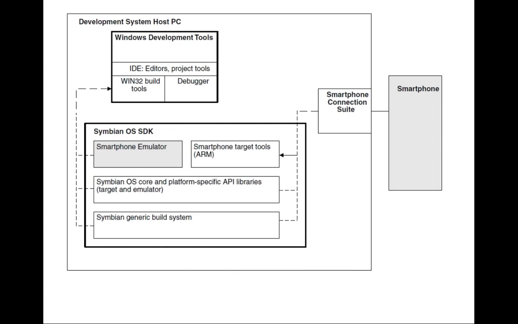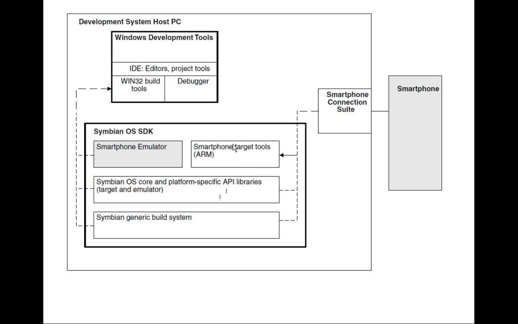This diagram shows where the Symbian OS SDK lies. This is my Windows machine, and this is my Symbian OS SDK, which provides me a device simulator, so that I can develop locally on my simulator and verify my applications.